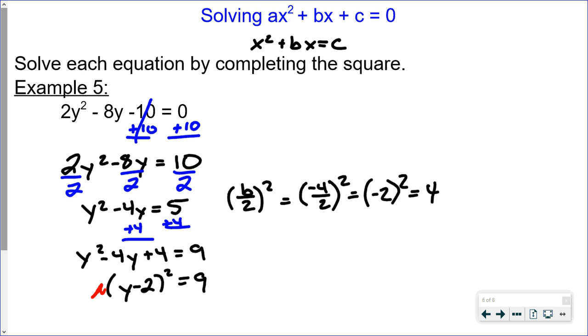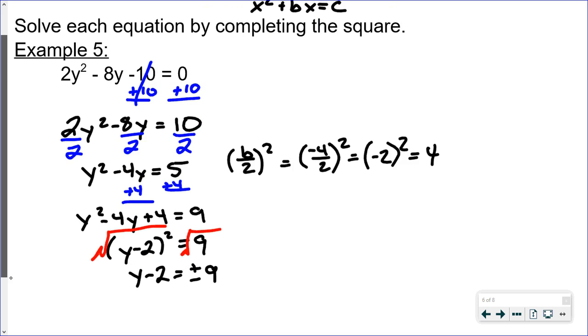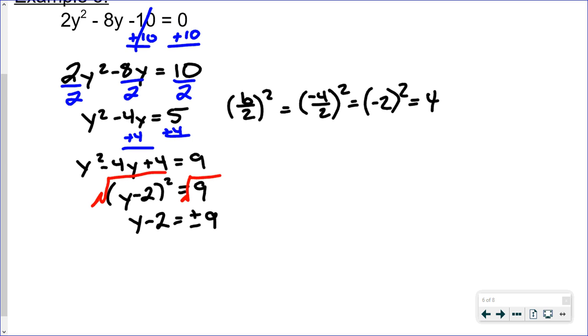Take the square root of both sides. So I end up with y minus 2 equals positive or negative 3. So it splits into y minus 2 equals positive 3, and y minus 2 equals negative 3.